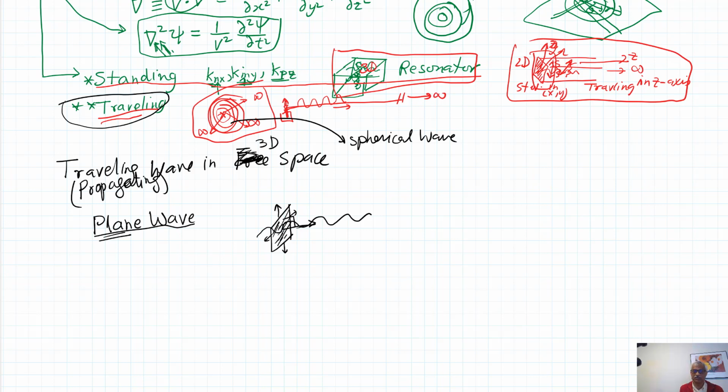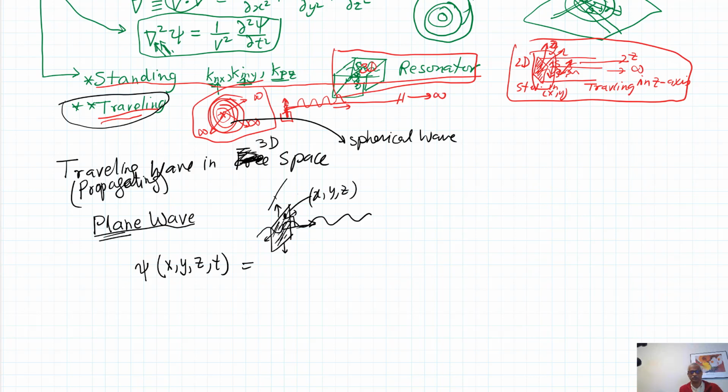Okay, but first I'm going to write down the answer. So we have psi of x, y, z, and t, and I want to write a plane wave. If I'm in this plane, at any point in this plane, that's x, y, z, and at that point I need to say how much amplitude is displaced, whatever the quantity is. For instance, in an electromagnetic wave, this will be, say, the electric field: how much the electric field differs at this point from 0.